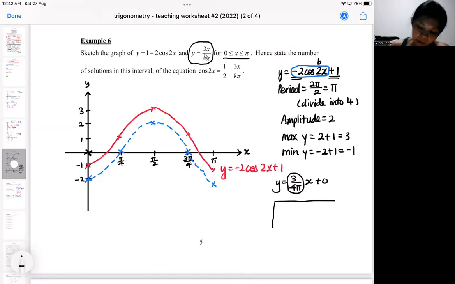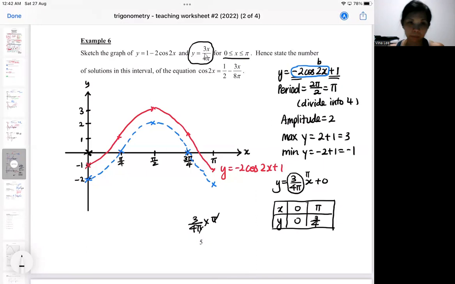What you can do is get a small table. But the x values that you choose will not be the usual 0, 1, 2. You are going to choose something like 0 and pi. Imagine you put a pi here. 3 over 4 pi times pi, the pi gets cancelled out, so you actually get 3/4. 3/4 is like 0.75, somewhere like this.